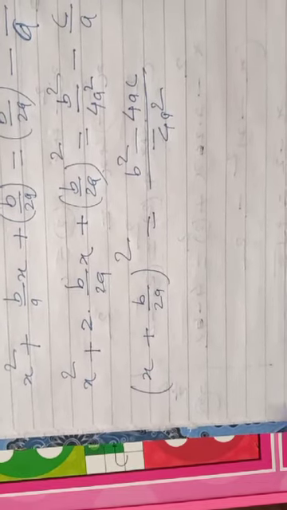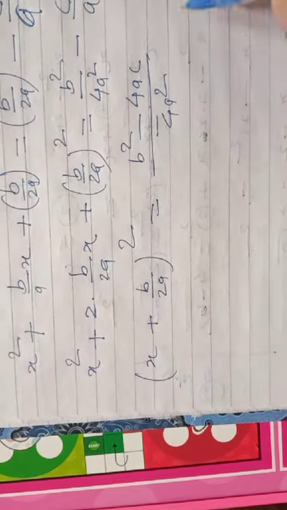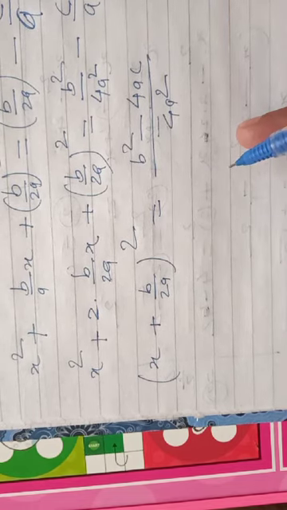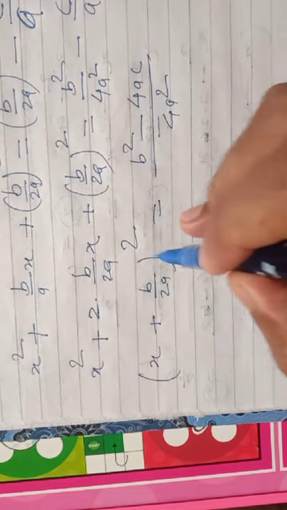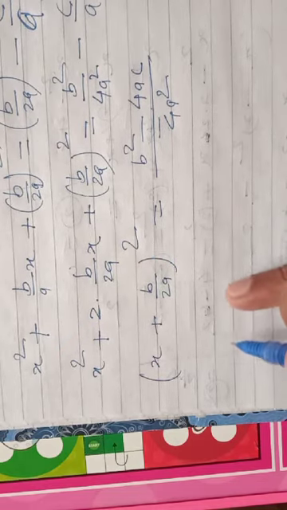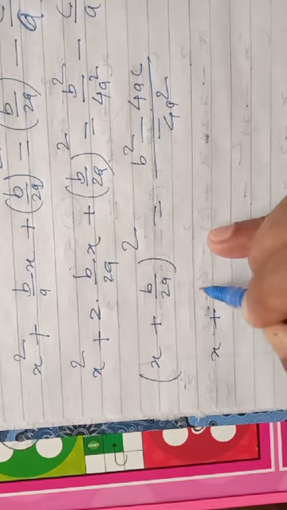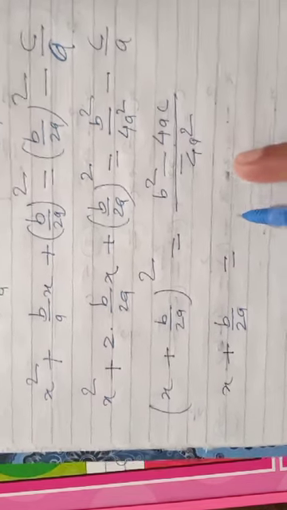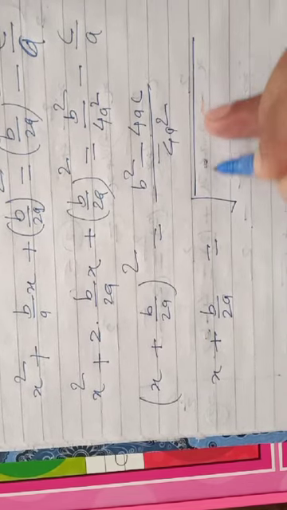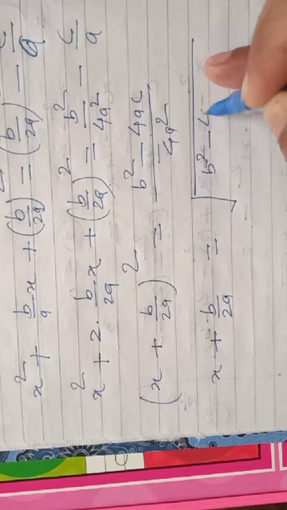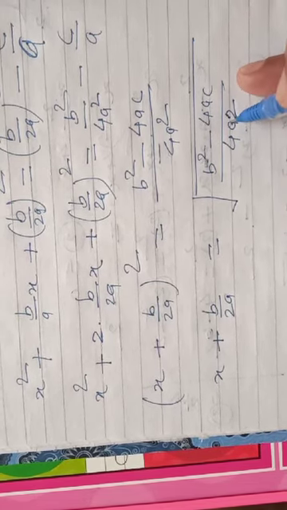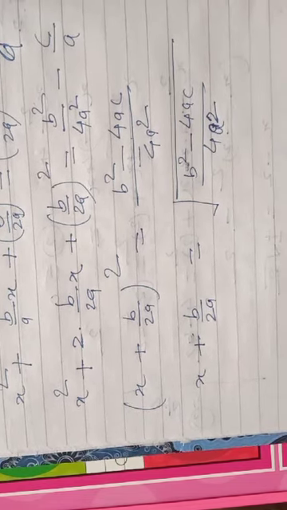Now take the square root of both sides. So the square value should be out of the root. So here will be x plus b upon 2a is equal to square root of b square minus 4ac upon 4a square.